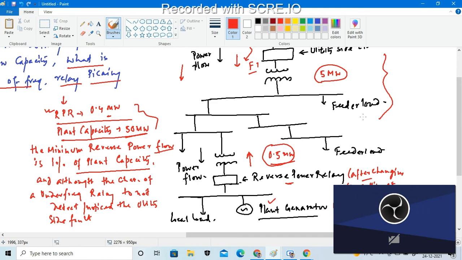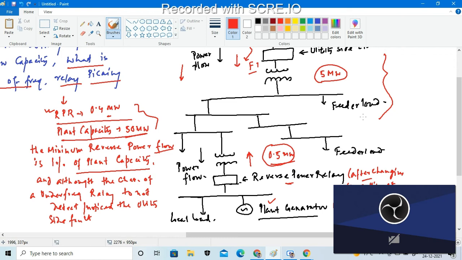To overcome this disadvantage of a reverse power relay, we are implementing the vector shift relay and the system protection schemes in our transmission system, which we will discuss in the next lecture.